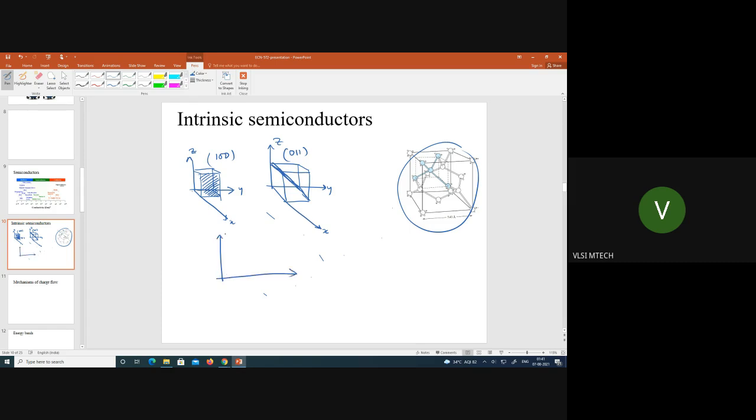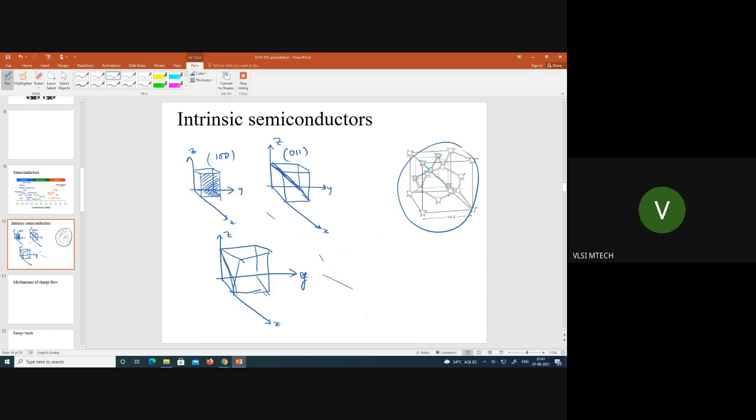And finally you have x, y, z, and then you have, sorry for the weird cube, this plane here.